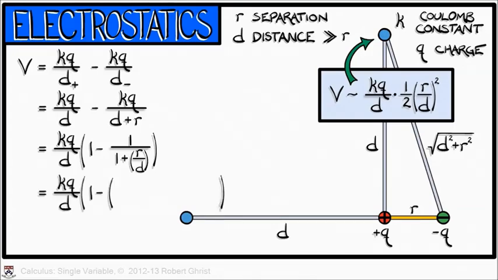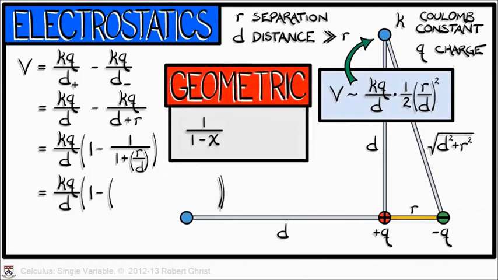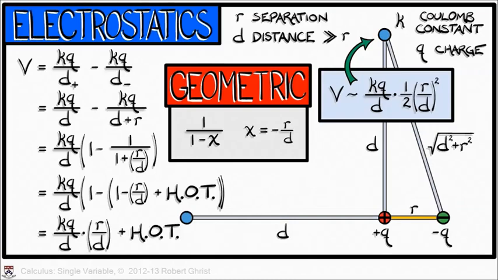We can expand this out using, if we like, the binomial series with alpha equal to negative 1, or what that really is, the geometric series for 1 over 1 minus x, with x being equal to negative r over d. Writing out the first two terms of that series as well, we get 1 minus r over d. The 1's cancel, just as before, and we see that up to the leading order term, our electrostatic potential is kq over d times r over d.